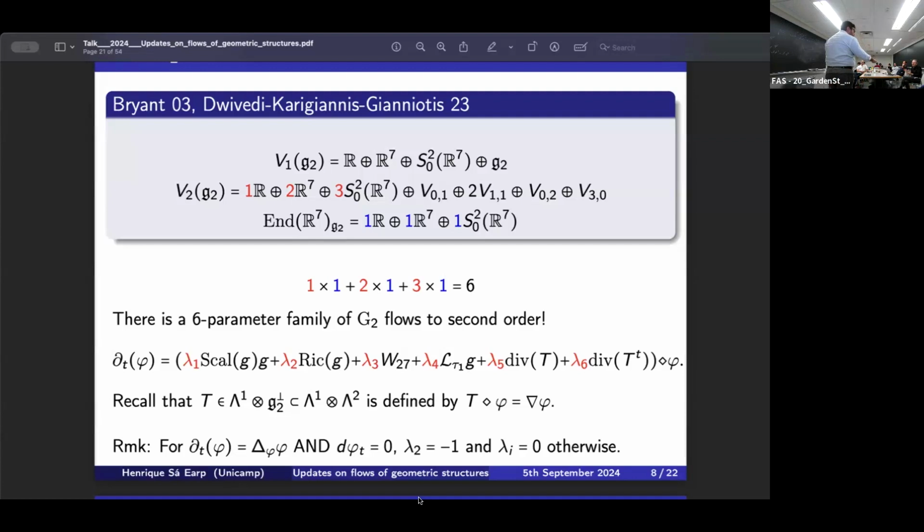No, that's the question. After it flows it's not of that form, but it stays in the same cohomology class, so it continues to be a G2 form. What I'm interested in is studying how the torsion components evolve in time.